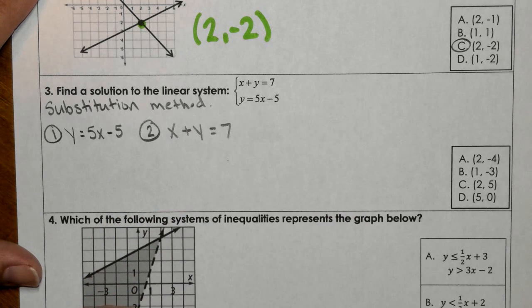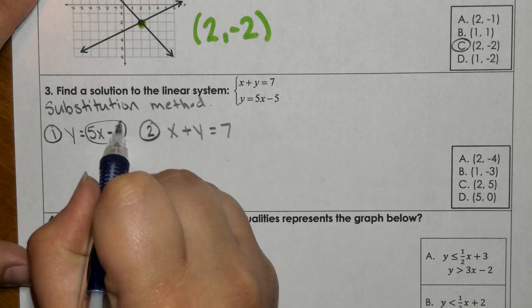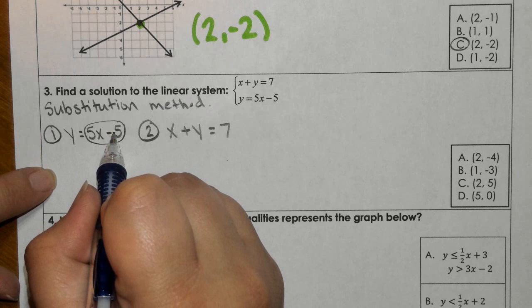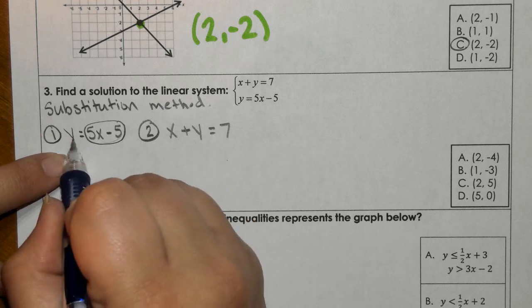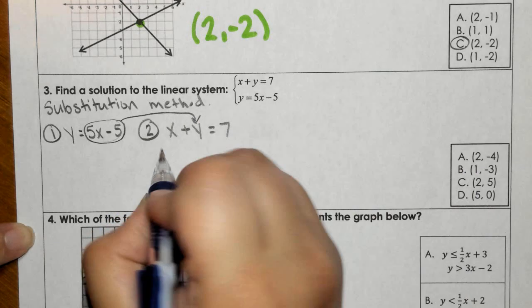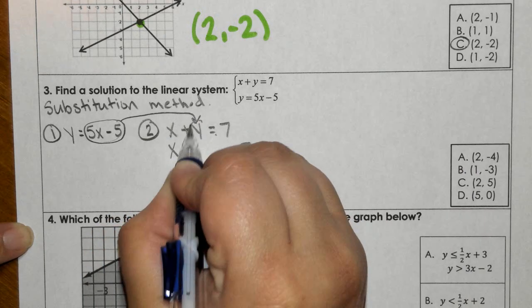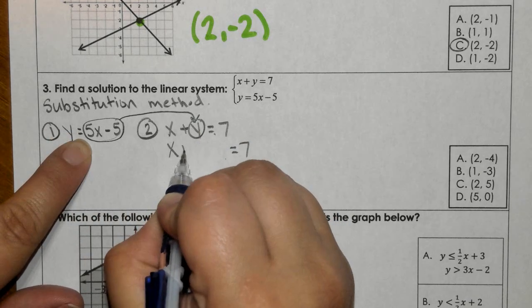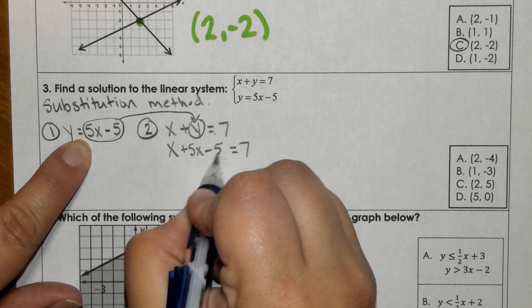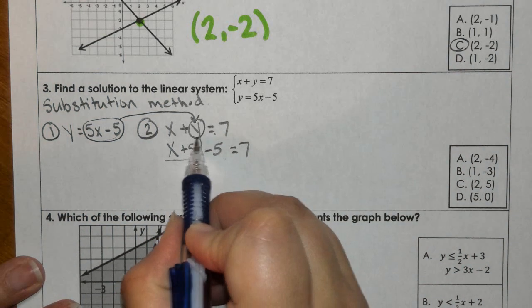Then we take the expression from step 1, this expression equals y. So I'm going to plug it in for y. So here's this x, and here's this 7. The y becomes 5x minus 5. Now, if I look at this, these two right here are like terms.